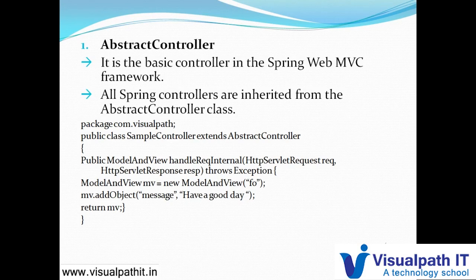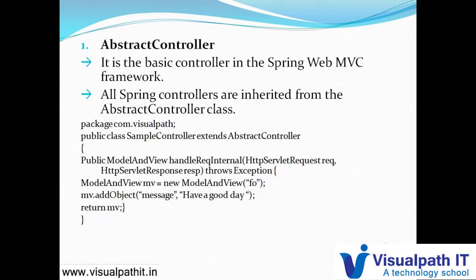So the code snippet says public is here, com.visualPath is the package name. Public class SampleController extends AbstractController. ModelAndView is the class which is returned; that is, this particular code snippet returns an object MV in the form of a class ModelAndView.